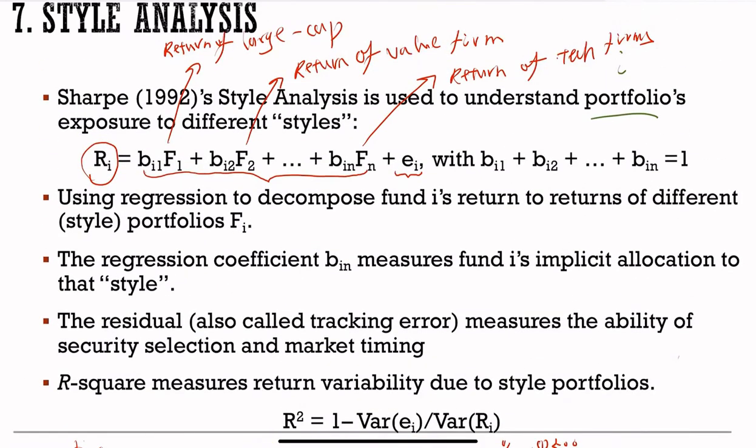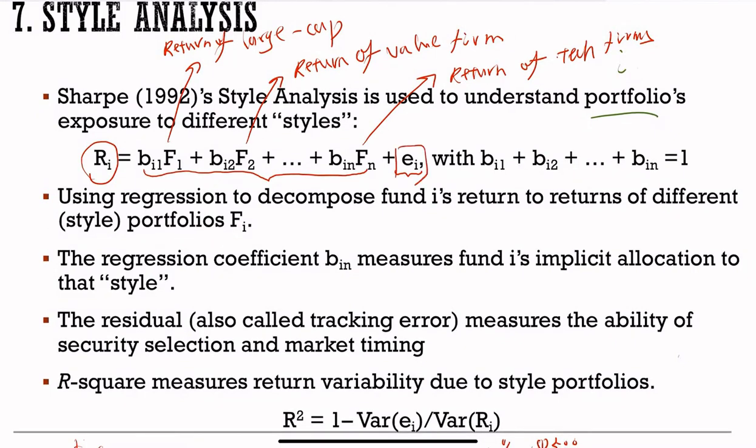So essentially you can see that this style analysis is really a decomposition. You decompose the return of portfolio i into two components. The first component is about the returns of these style portfolios. The second component, which is represented by e_i, is the return from your ability of security selection and market timing.